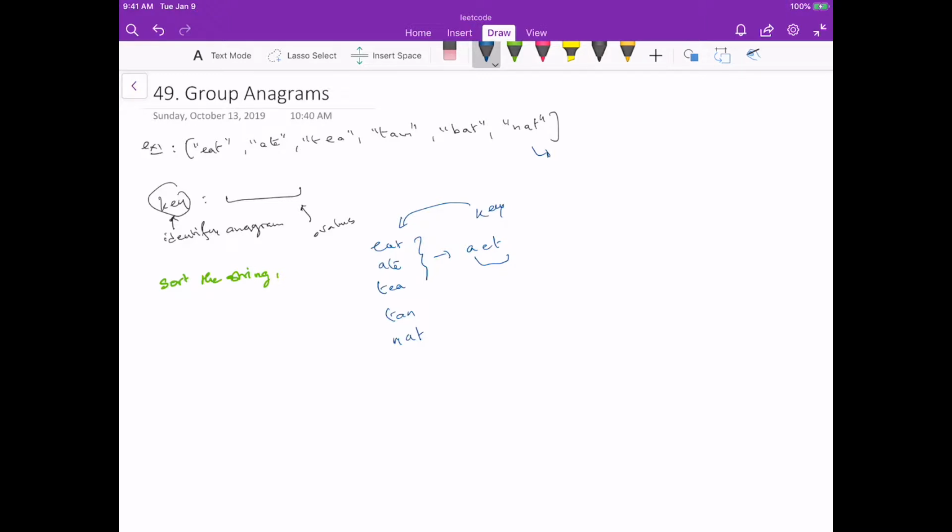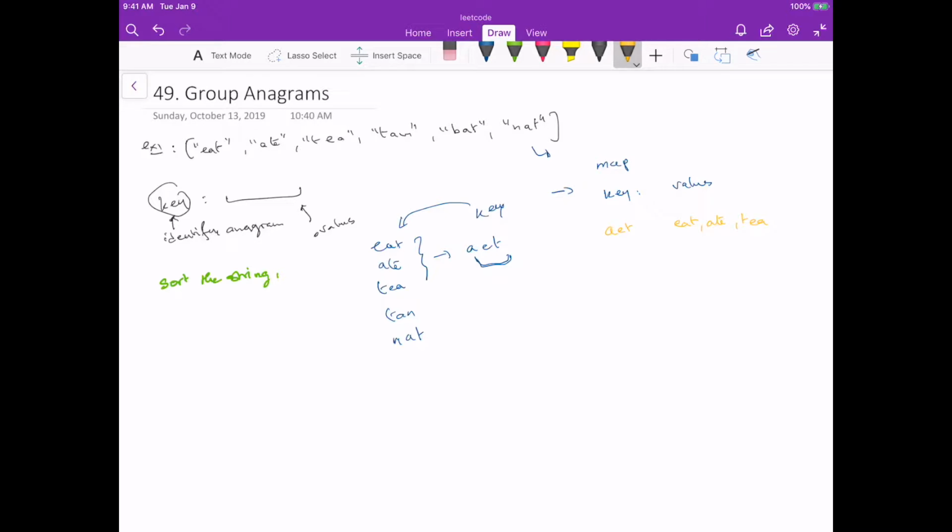So we will take all of these, sort each, and put the value in the map under the sorted string as key. And so what will end up happening is we will have a map with keys and values like this. The key AET would have the values eat, ate, and tea.